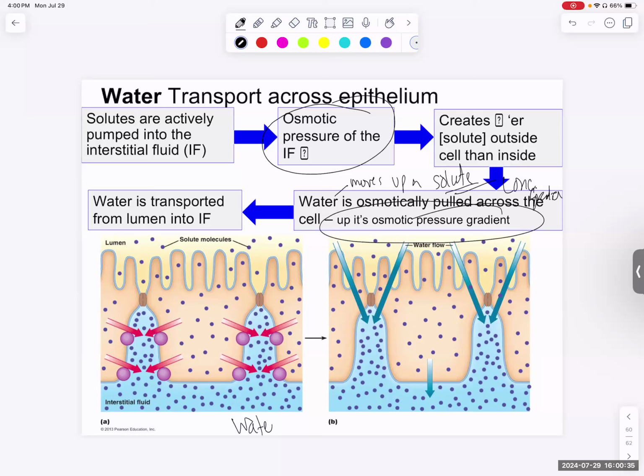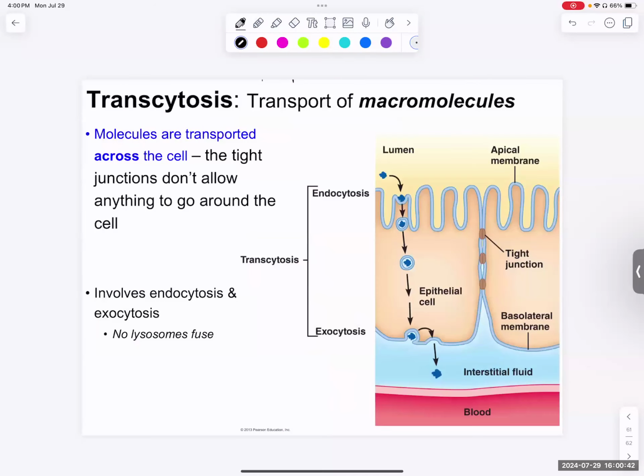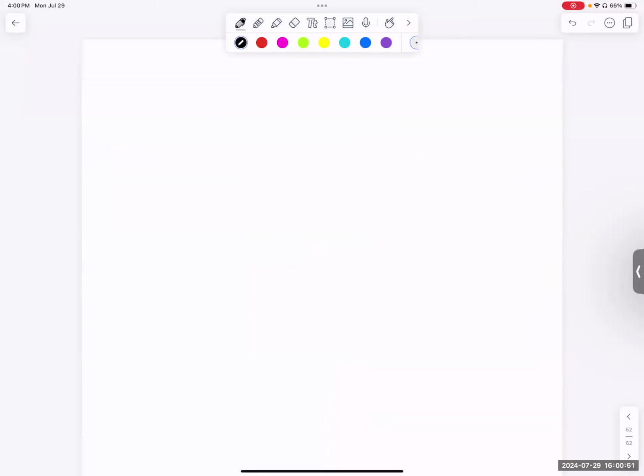I always like to say water follows solutes. Transcytosis, just going from one side of the cell to the other, can use vesicles to do that. And that is the end.